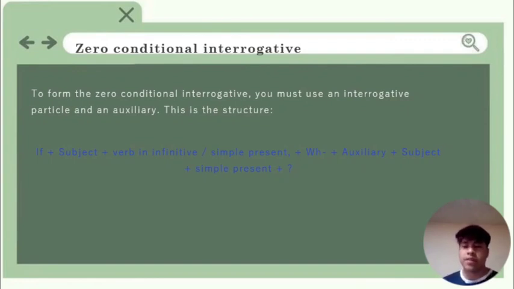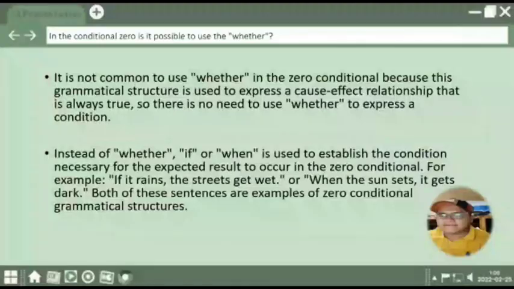For example, the following structure can be used: if, plus subject plus verb in infinitive or simple present, comma, plus when or plus auxiliary plus subject plus simple present plus question mark.